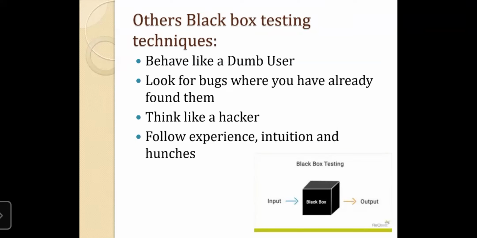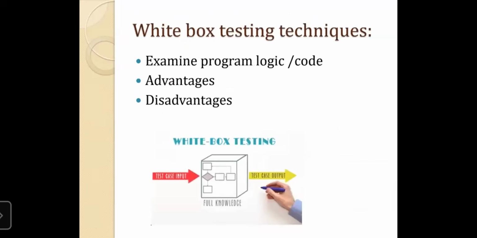Okay, so up to this point we have seen in our last lecture. So today we are going to see the white box testing technique. In black box testing you do not see the program for that particular software.